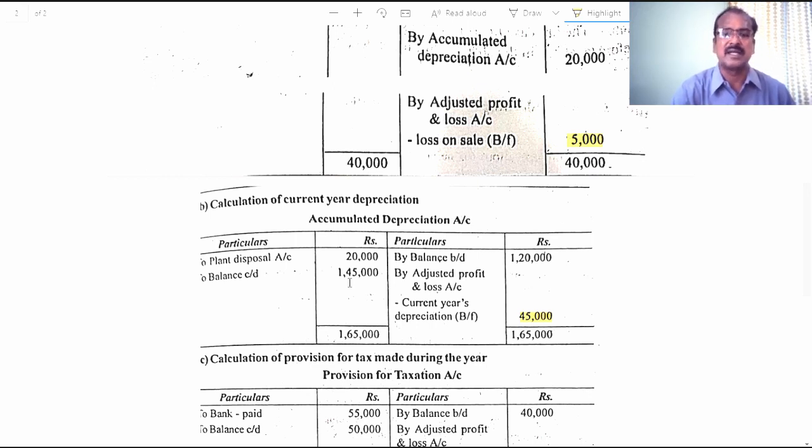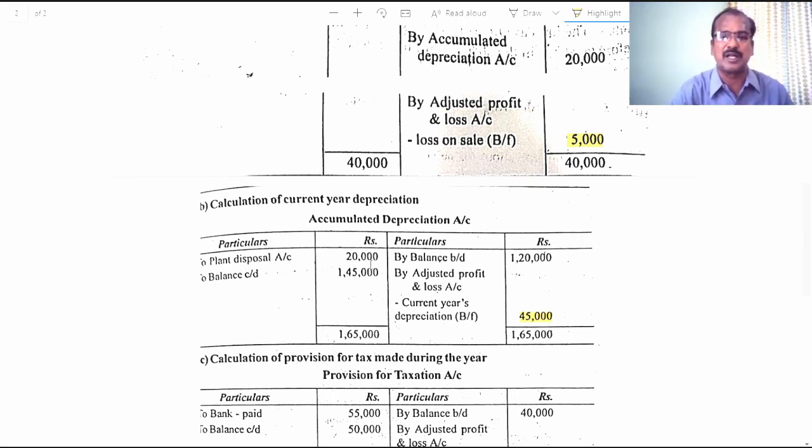As we have suggested, the accumulated depreciation on the plant sold is 20,000. So what is the journal entry for it? Accumulated depreciation account debit to plant account, or you can write to plant disposal account, because here in this problem they open a separate account meant for plant disposal. That's a good procedure. So we will look at the details of plant disposal next.